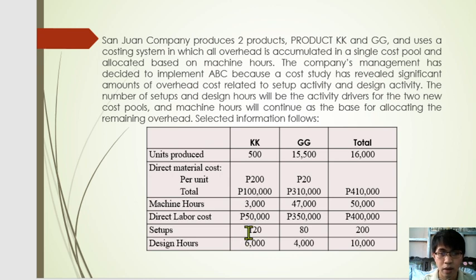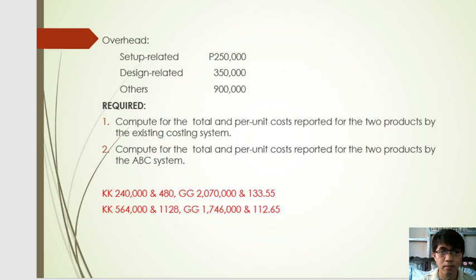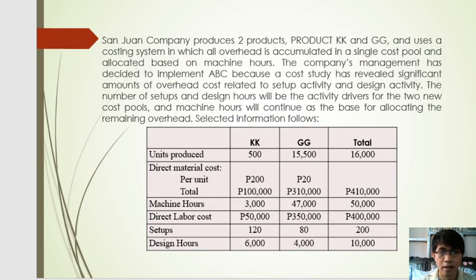So, 120 over 200 is your proportion for product KK. 120 over 200 times 250,000 is your allocation for setup related for KK. For design related, it is 350,000 times design hours, 6,000 divided by 10,000.